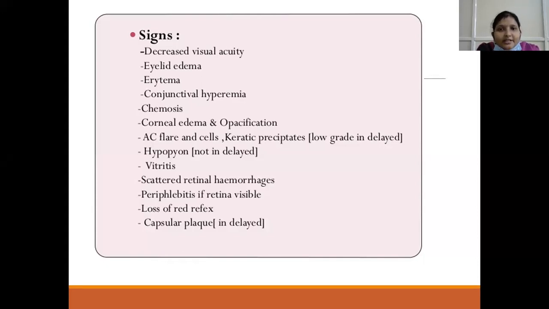We see a red reflex. But in case of endophthalmitis, because of the exudates present in the vitreous, we see a yellowish white reflex in the pupillary area. This is called amaurotic cat's eye pupil or leukocoria. And other associated features in the retina are scattered retinal hemorrhages.